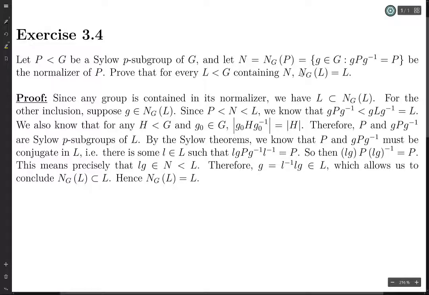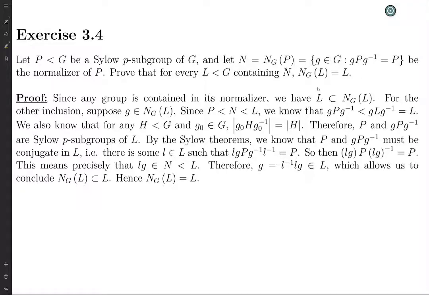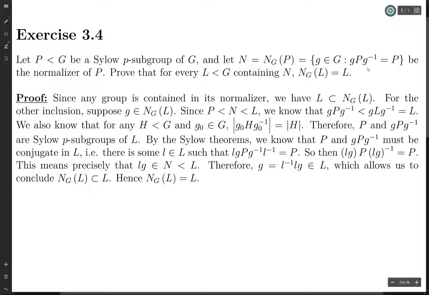So if you take any element of L, you want to prove that gLg inverse is equal to L. So basically what we want is for all l in L, we have l L l inverse is equal to L. And you can just do that by inclusion here. Obviously, if you take an element l times l naught times l inverse, this is going to be contained in L, since you're just multiplying three elements of L together.